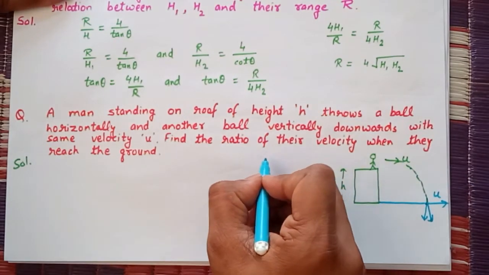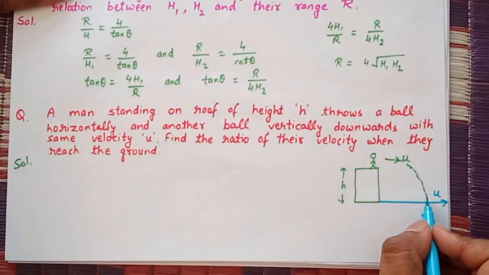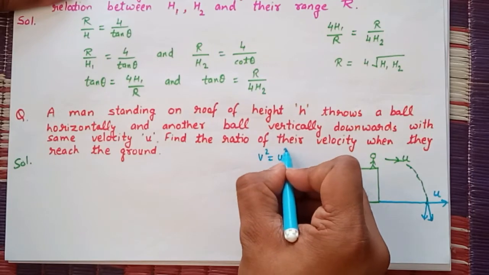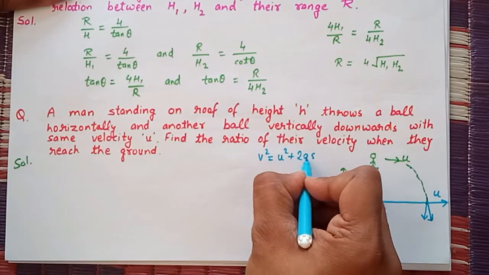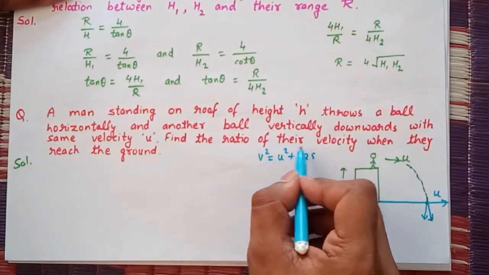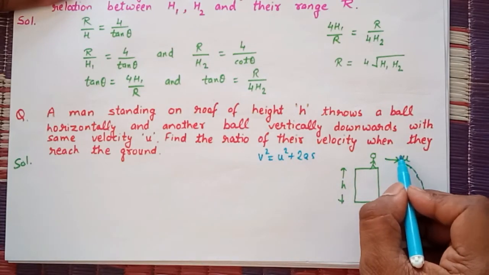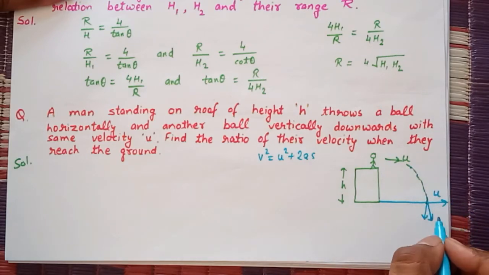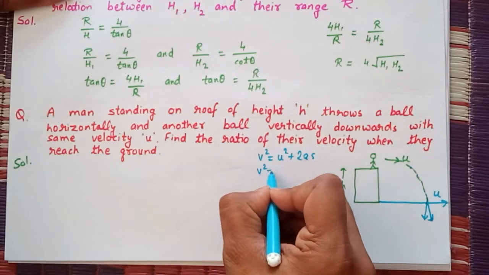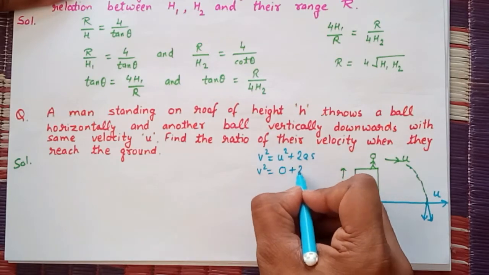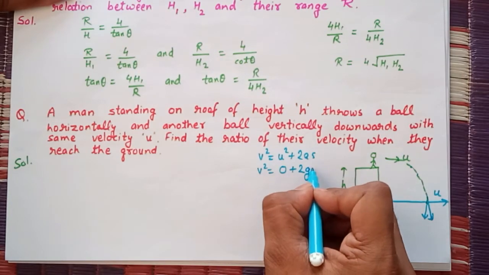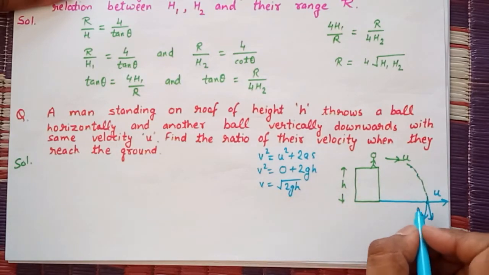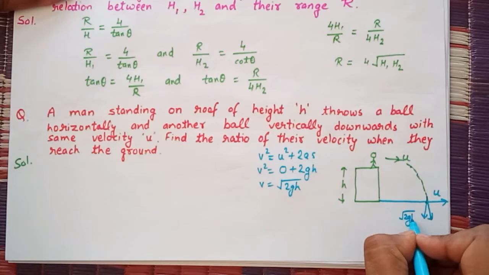To find the final velocity after covering the height h, I can use the formula v² = u² + 2as, taking its downward motion only. So v² = 0 + 2gh, so v will be the square root of 2gh.